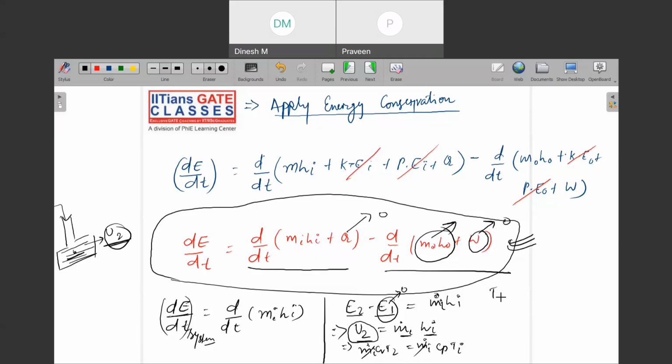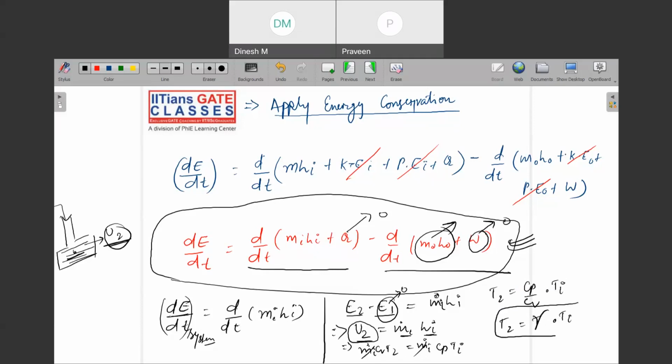Then if someone asks me what is the value of T2, this is Cp upon Cv into Ti. So T2, the final temperature, is nothing but, Cp upon Cv is gamma, so gamma into Ti.